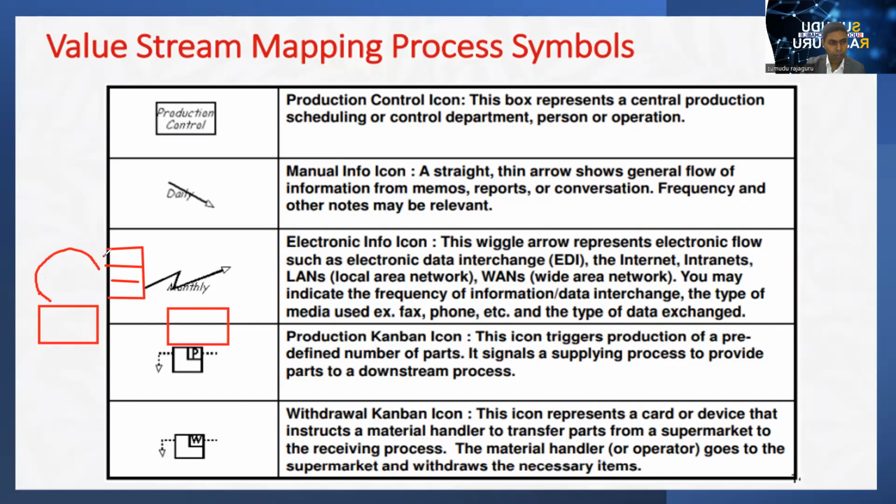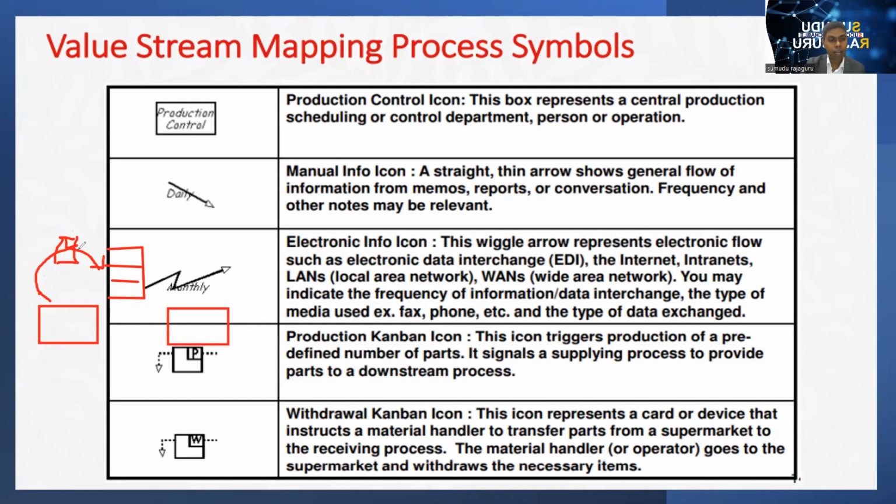You can remember, I think. With that arrow, if we put this kind of box and put the letter P in here, that means we produce and fill the supermarket.